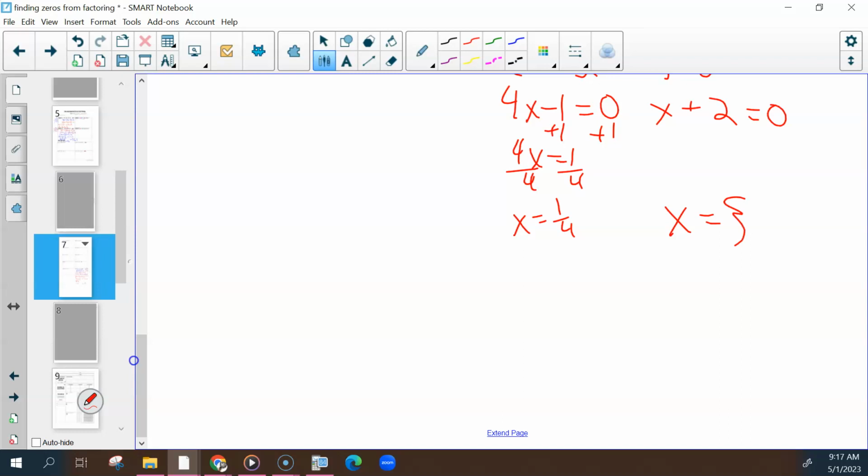Negative 2 would be... Do we have any questions on how to solve by factoring to find our zeros? And are there any others on this page you want to go over? If not, go on to the next page.